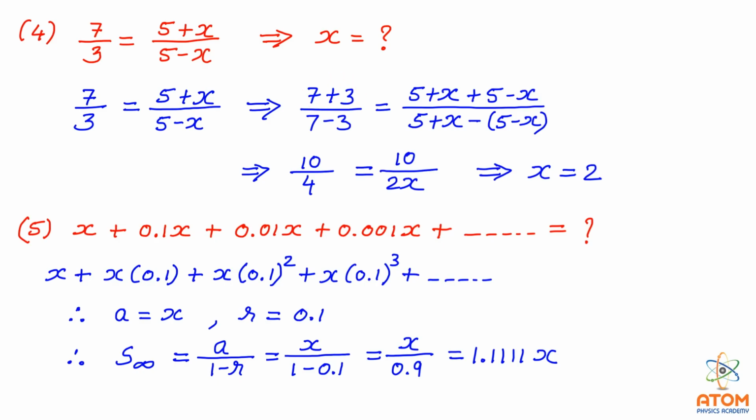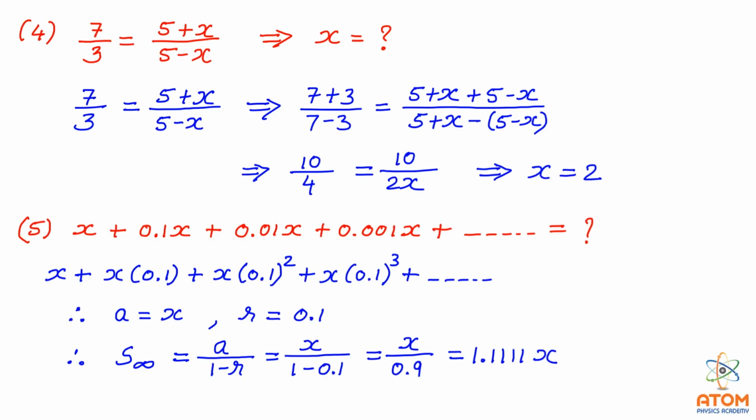Obviously this will become 10 and this will become 4. This x will be cancelled out, so remaining is 10. Here 5 will be cancelled out, so remaining is 2x. Now from that you can solve out x, and this x will be 2. So you can see how easy it is to find out x by using componendo dividendo.